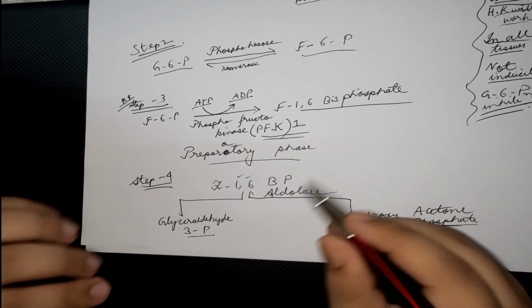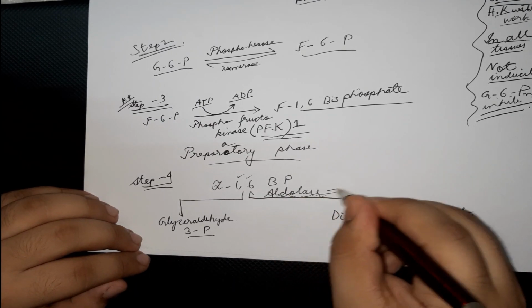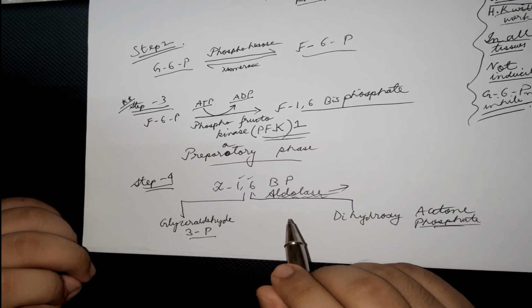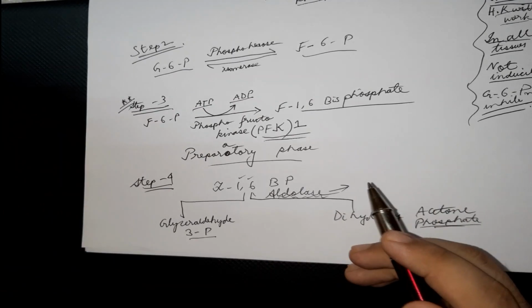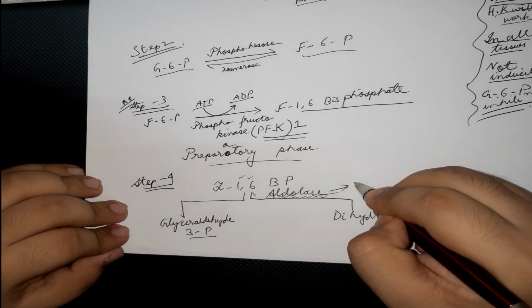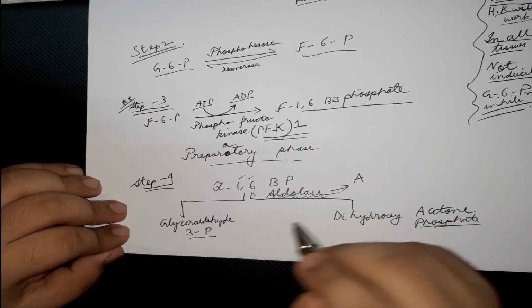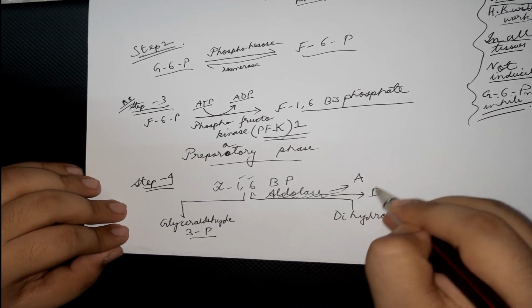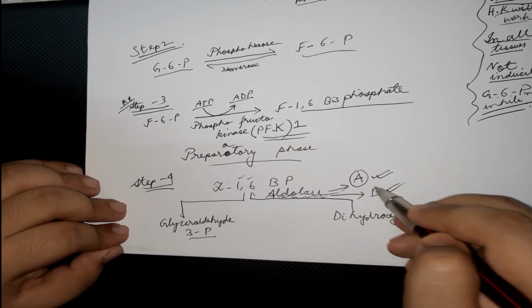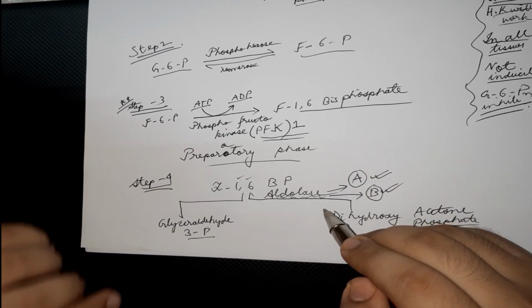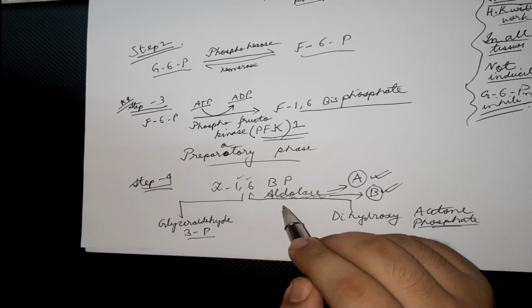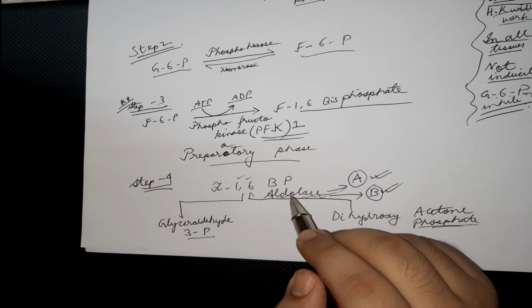Another thing that I'm trying to mention here is that aldolase is also another enzyme which has 2 or rather more isoenzymic forms, namely aldolase A and aldolase B. Okay, these are 2 isoenzymatic forms of aldolase. Alright, so there is aldolase A and there is aldolase B.